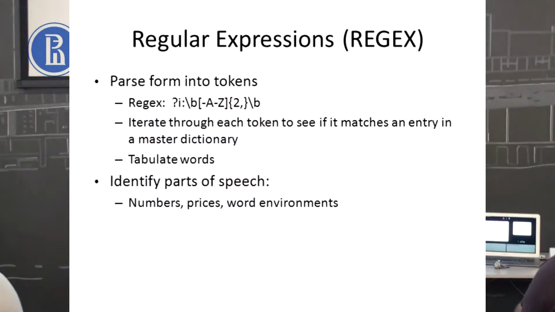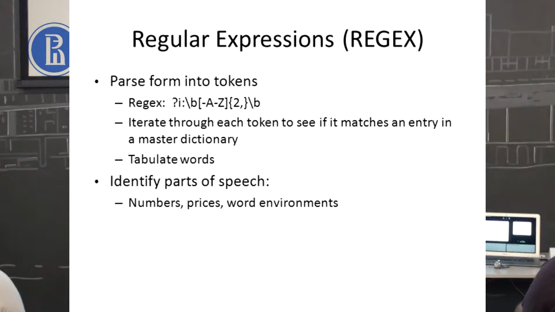Another very important thing, and I'm just going to signal, is regular expressions. When you do textual analysis, this is like the prima ballerina of textual analysis. Regular expressions, or regex, is how you identify pieces of text that have a particular format.